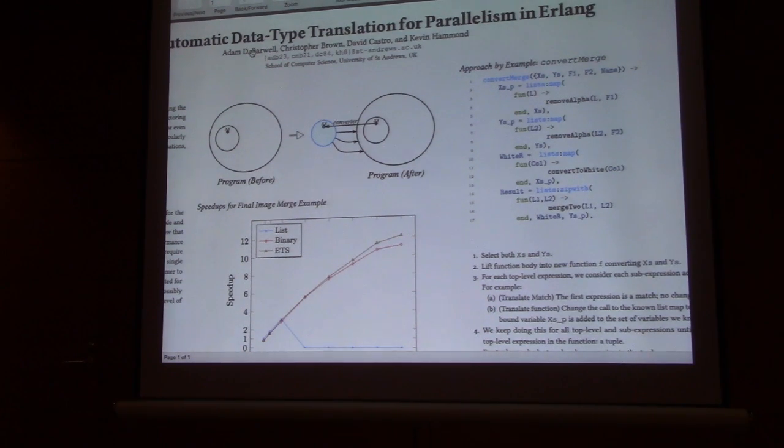So we don't actually need to convert back to list, and that means that we don't actually need to end up copying things. And I don't know if that answers your question.